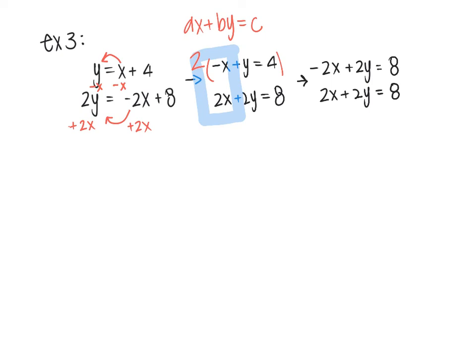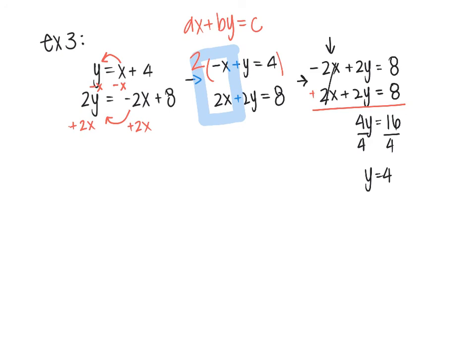The reason I'm going to add them is because I have equal and opposite coefficients. Add them. Negative 2x plus 2x is going to give me 0, cancel. 2y plus 2y gives me 4y equals 16. I'm going to divide by 4, divide by 4. So my first one is y equals 4.